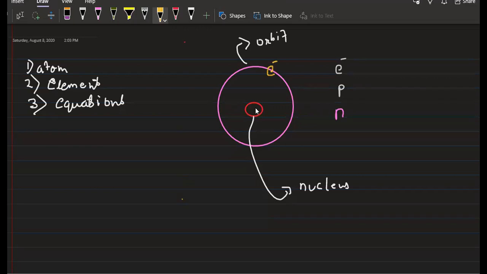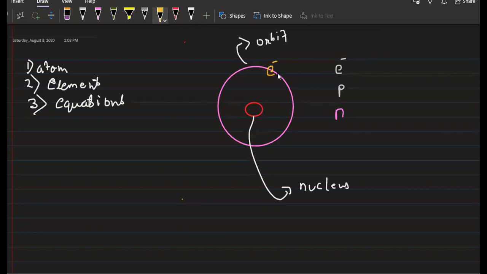When we talk about a solar system, we will have a sun at the center, and then we have different orbits, and all the planets revolve around the sun in a fixed orbit. That's how our solar system is.